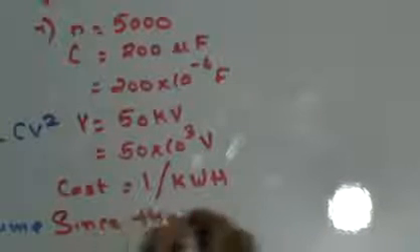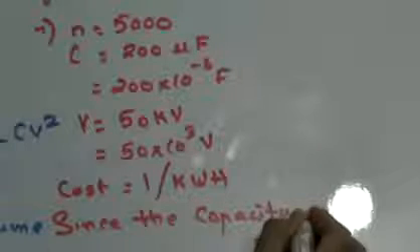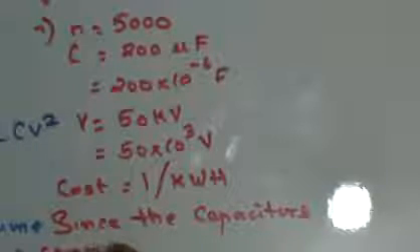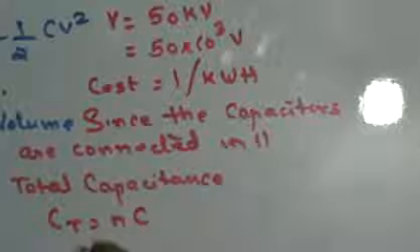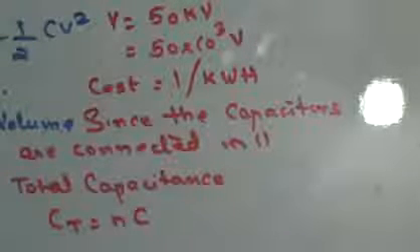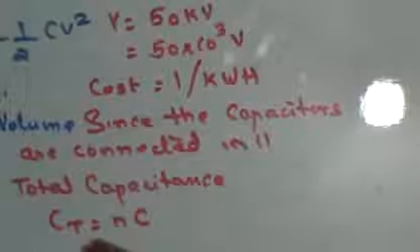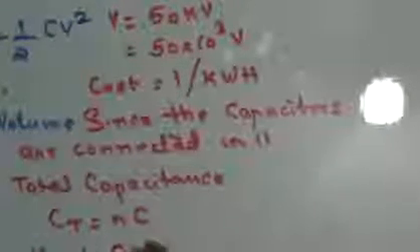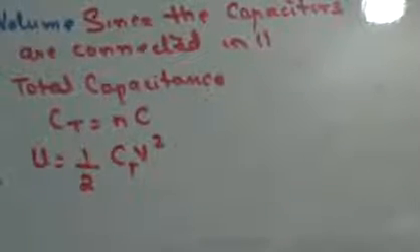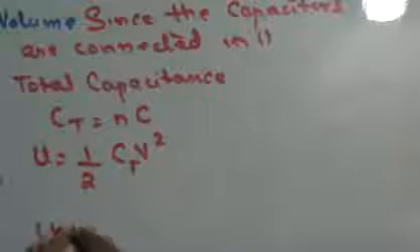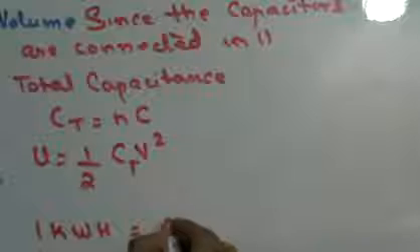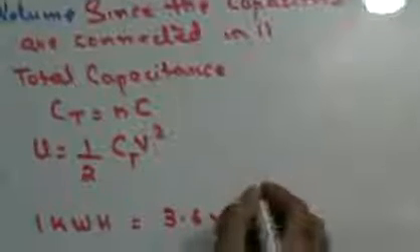Now, since the capacitors are connected in parallel, the total capacitance CT will be N times C. Once I know the total capacitance, I can find the total energy U. U is equal to half CT V square. Now 1 kilowatt hour is nothing but 3.6 into 10 raised to 6 joules.